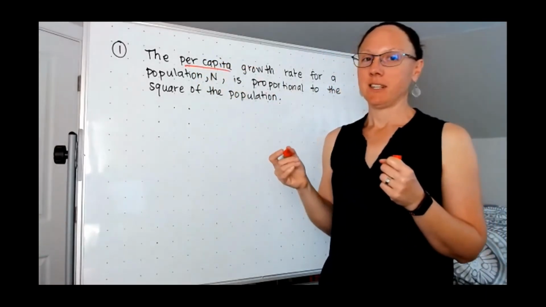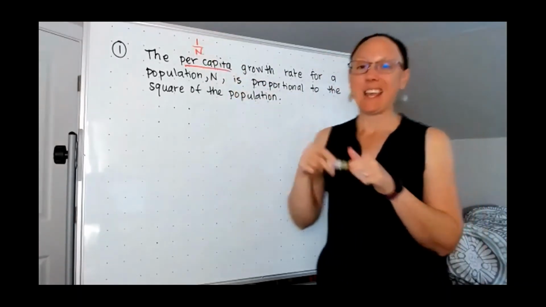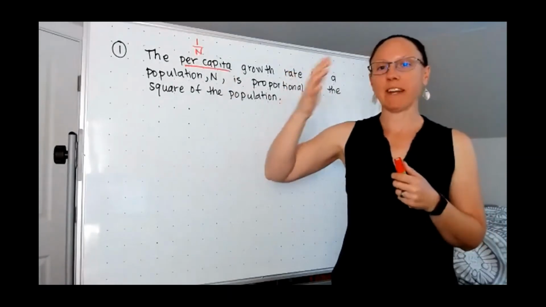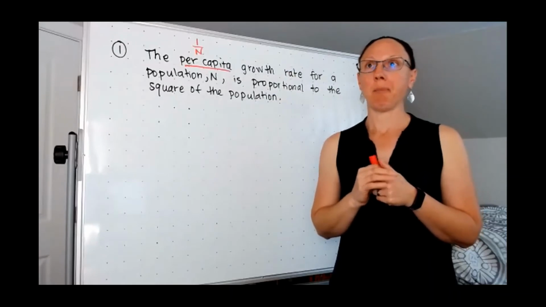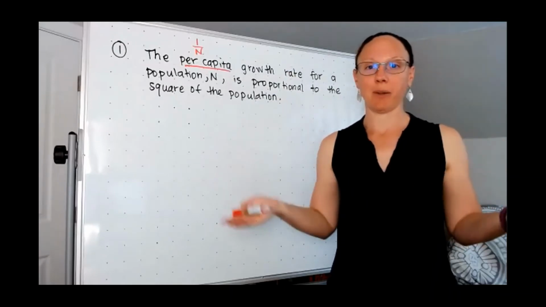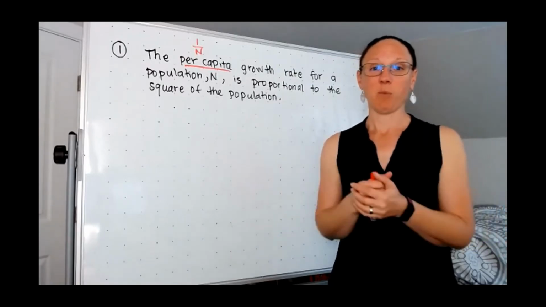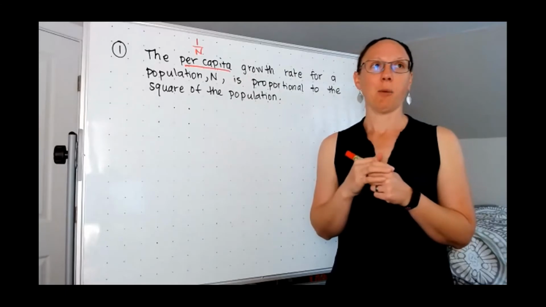means 1/n. It means that whatever the thing is that we were adding up, we're dividing it by the number in the population. So you may have seen per capita COVID testing rates. It's a phrase that gets talked a lot about in data.